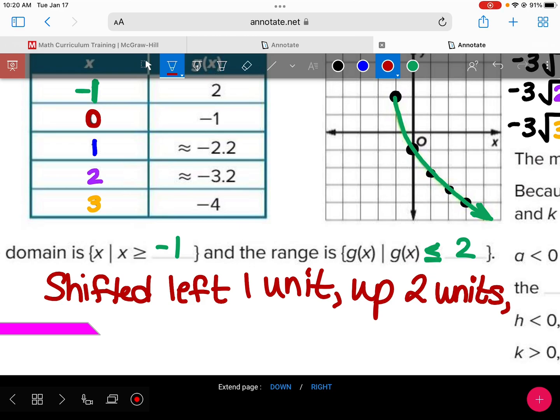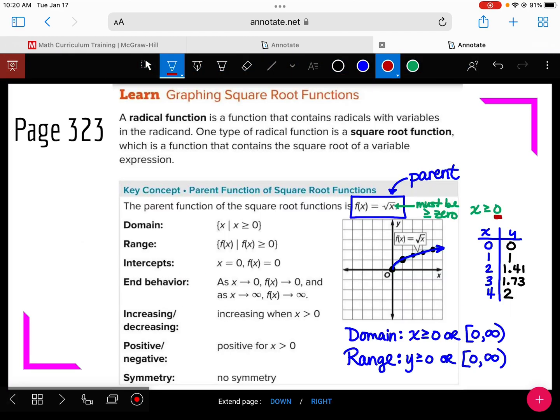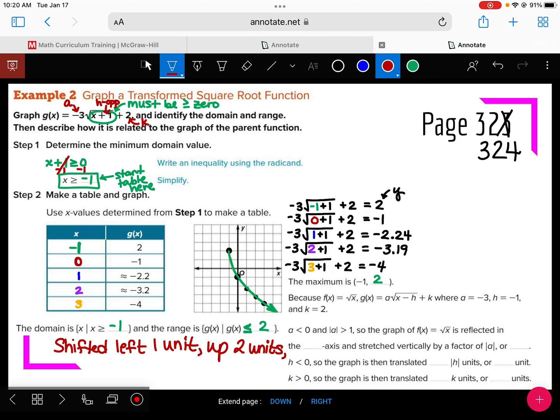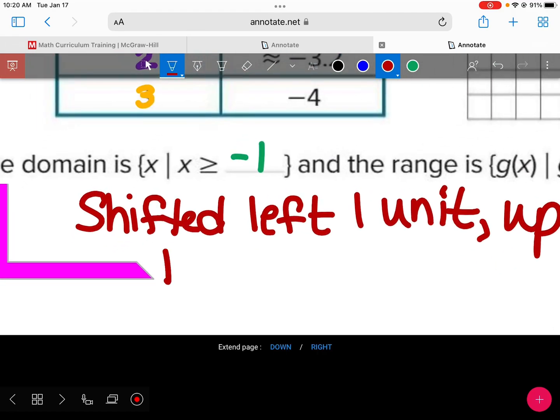Let's look at the parent one more time. Here's the parent. Goes up and over. How does this one go? This one scoops down. This one has been reflected over the x-axis.